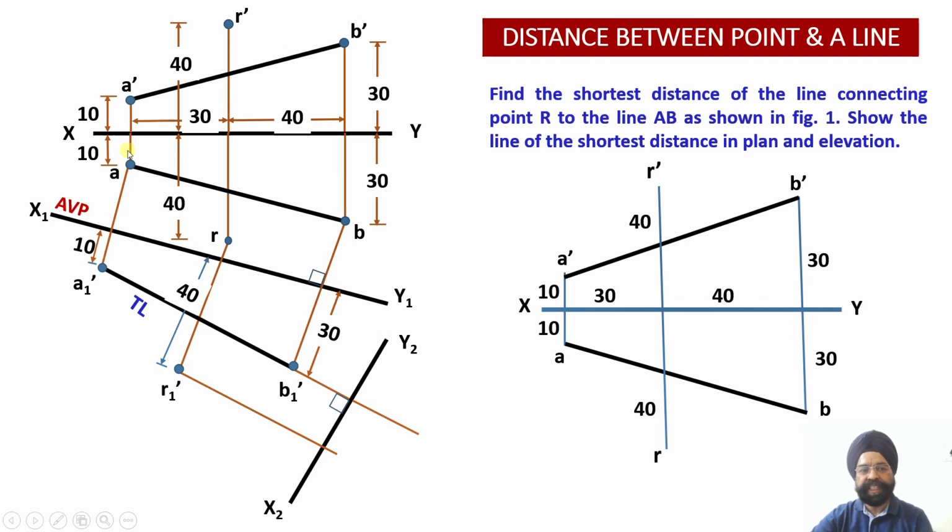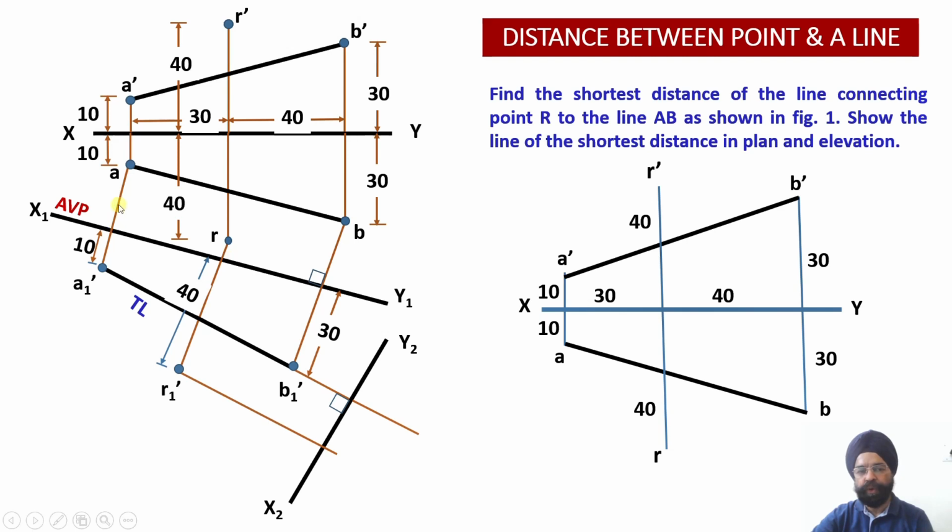So the original distances, that is 10 millimeter, 40 millimeter and 30 millimeter from the earlier reference plane xy, have become redundant and non-applicable. Now the distances which will be applicable to draw this particular auxiliary plan will be the ones from the x1 y1 AVP that we have drawn in the first iteration.